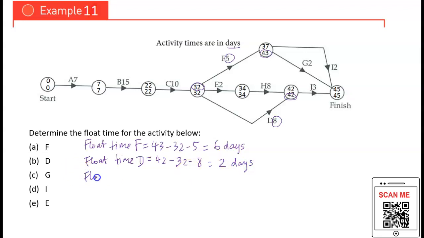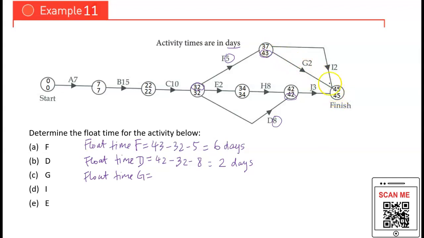And let's look at the next one, which is the float time for G. Where is the G activity? The G activity is actually here. So the arrow again is from left to right.